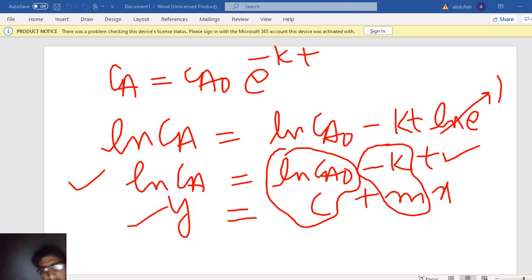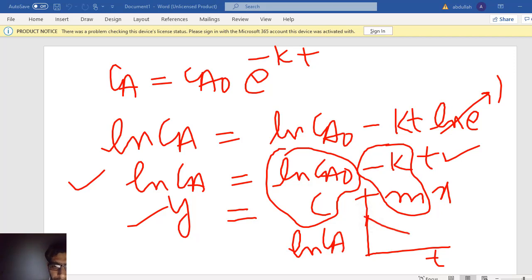So we can plot it on a graph of time versus ln Ca, and the slope of this line will be minus K, and the y-intercept will be ln Ca naught. So the rate constant can be obtained from this graph. So this is the integrated rate law for the first order reaction.